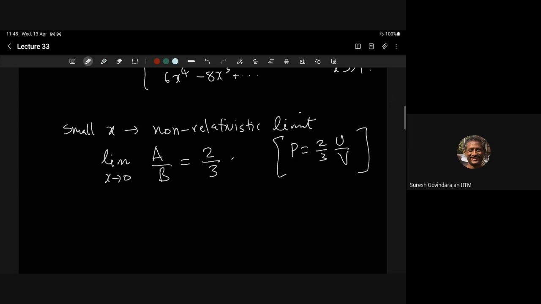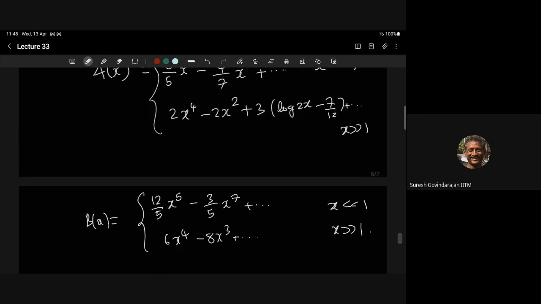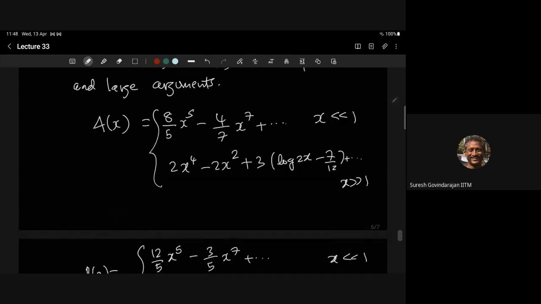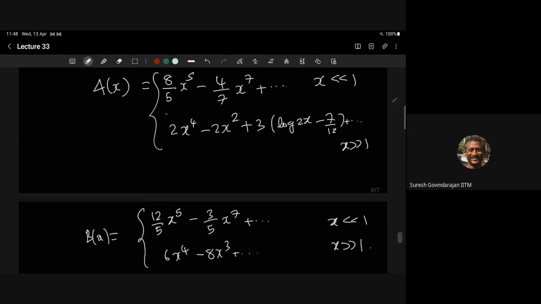Okay, so this is just a check of the leading coefficient, 8/5 here and 12/5 here. Only these two will contribute, all others won't. But for our purposes, we really need the large x behavior in this story.